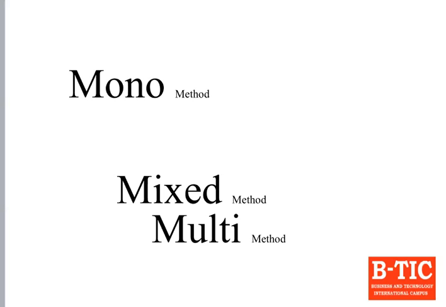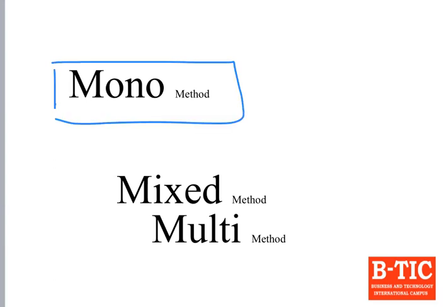Now, if you want, you can really use a mixed thing. Let me explain what it is. The mono method is about using one of those. You either do a qualitative research or a quantitative research. That is what the mono method is about.